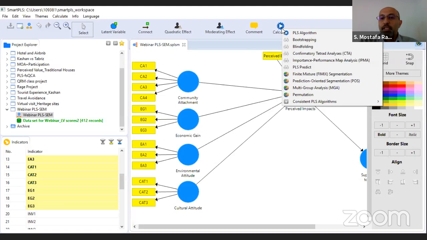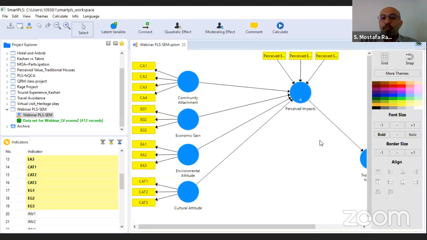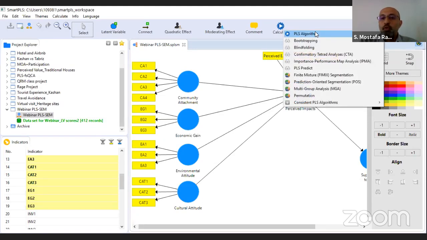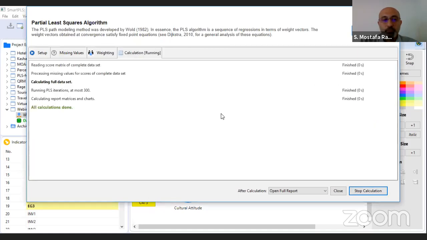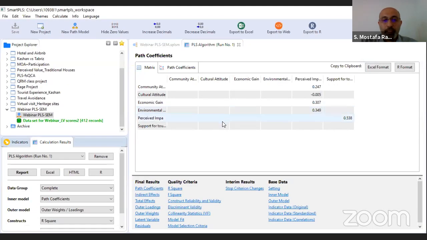Okay. So for assessment of mediator, when we create our framework, we need to run the PLS algorithm. And when you run the PLS algorithm, you can see the result of indirect effects here. One of the results that you can get is indirect.